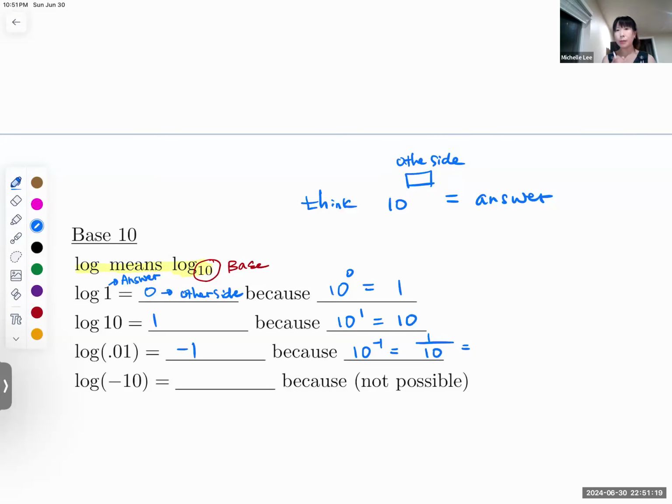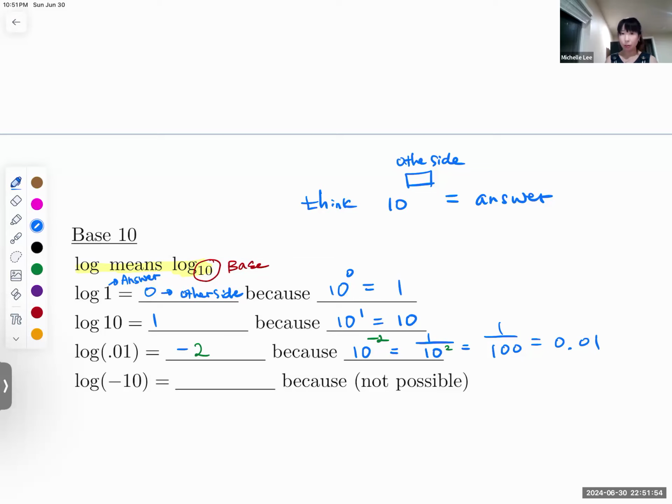So 1 over 10 is 0.1, but they have 0.01, so it should be -2. So -2, then 2, right? So that will be 1 over 100, which is 0.01, right? Okay.